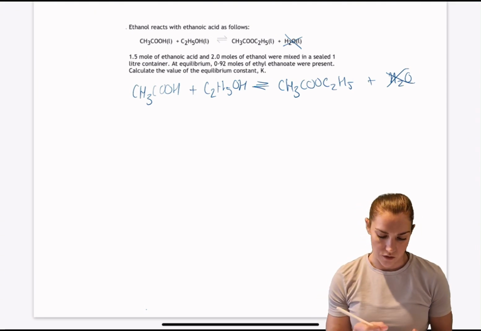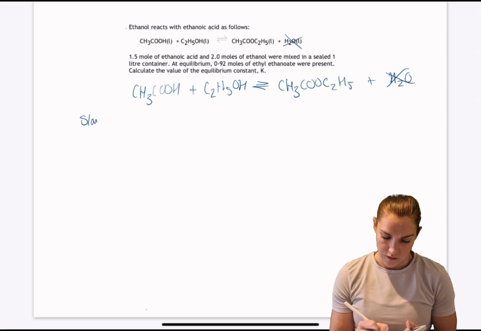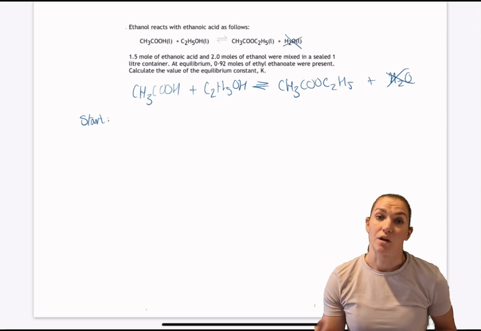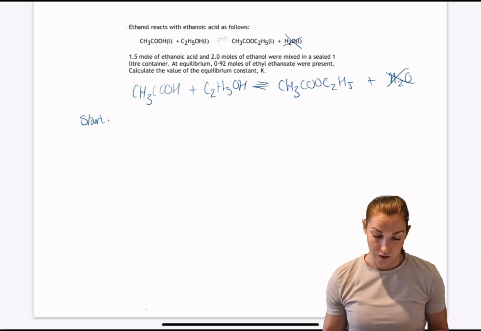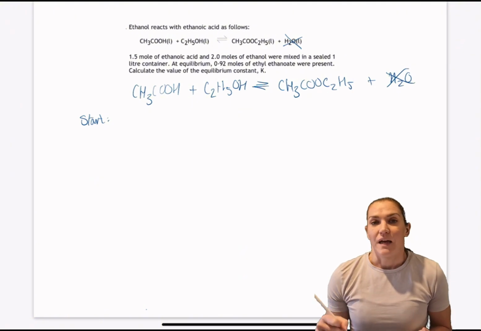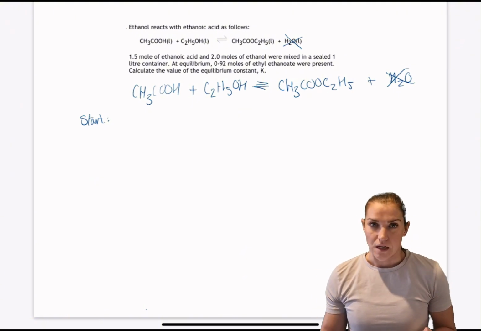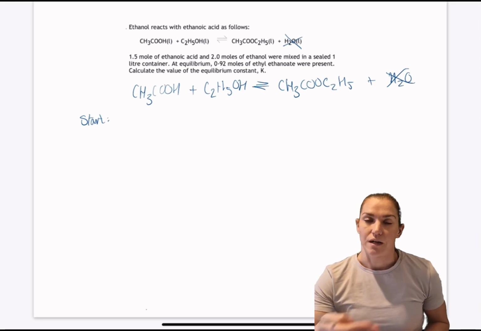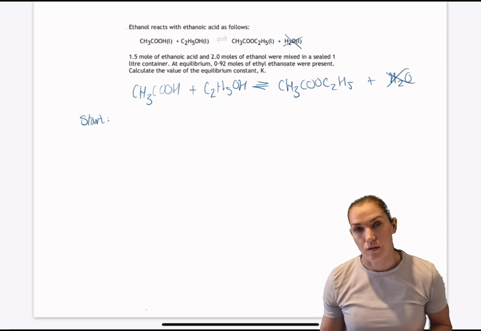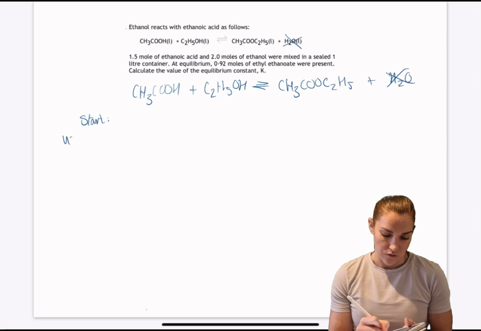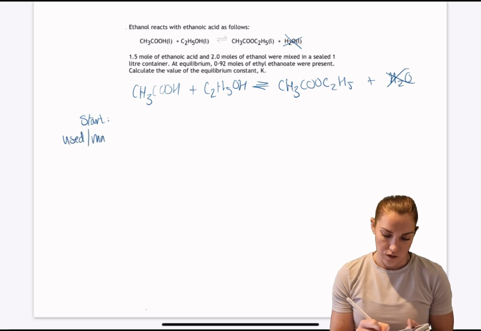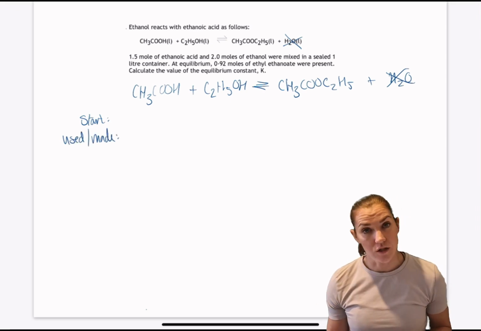So the words I like to use are start, because that's what we have at the start of the reaction, when the reaction's first beginning. Then I like to use in the middle the terms used and made, because it reminds me of how much of the reactant's been used, how much of the product has been made. But again, if you've got other words that you would rather use, then you're more than welcome to change them up.